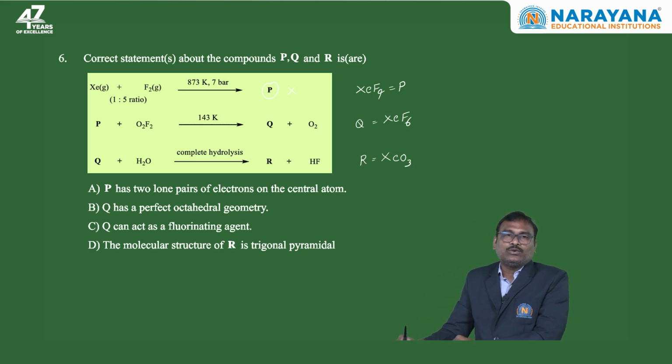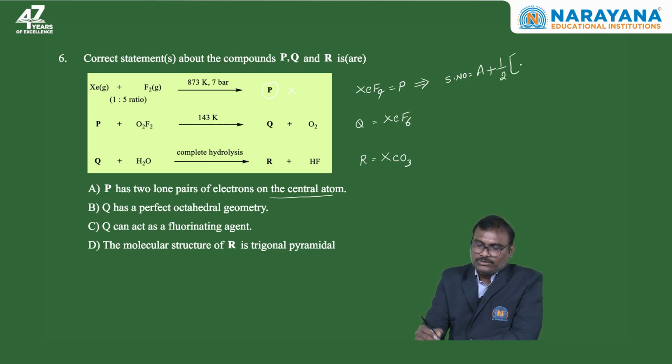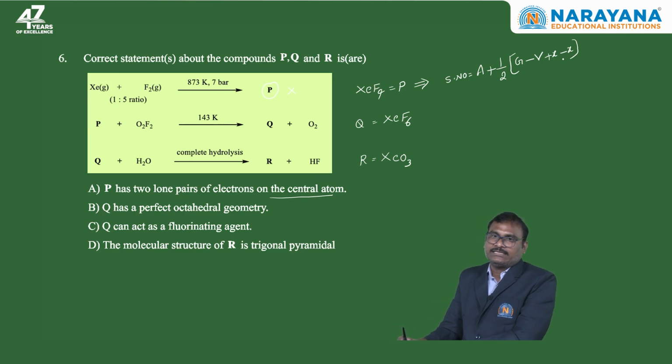So, P has two lone pairs of electrons on the central atom. If you observe the geometry and hybridization, you can know how many lone pairs are present. Generally, we use the steric number or hybridization formula: surrounding atoms plus half into group number of the central atom minus sum of valency of surrounding atoms, and for charge, negative or positive, you do addition and subtraction respectively.